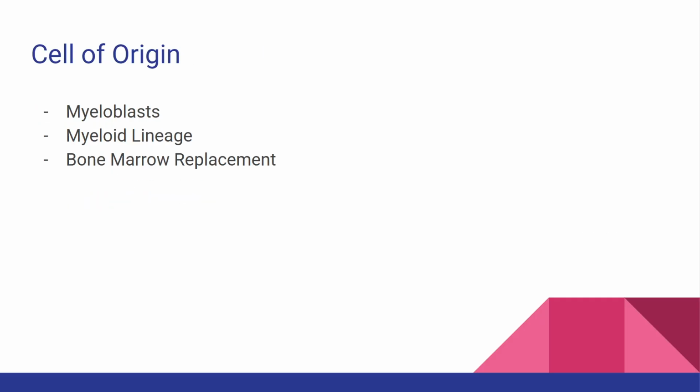So again, AML arises from myeloblasts, which are immature cells of the myeloid lineage, and these abnormal blasts proliferate uncontrollably and crowd out normal bone marrow cells.